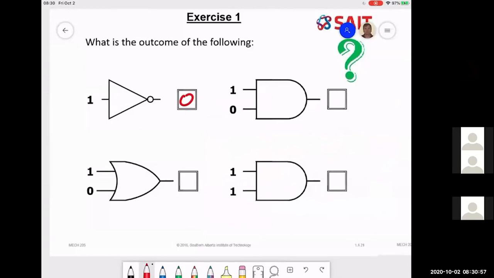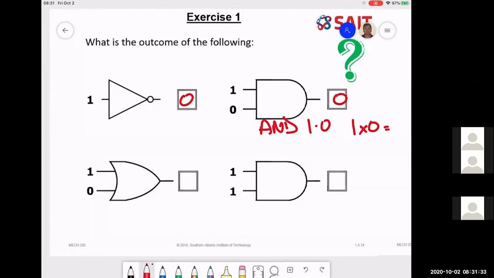What would the answer to the one beside that be, please? Emmanuel? Either say it or type it in. 1? Nope, it's an AND. So you've got 1 and 0, or you can think of it as 1 times 0. That would equal a 0.